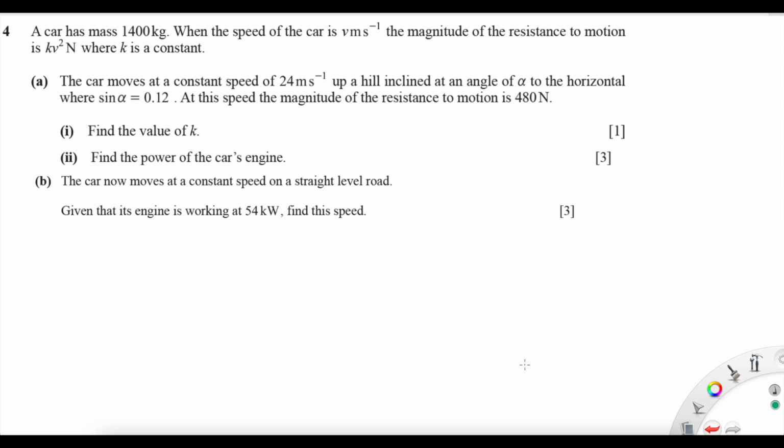At this speed, the magnitude of the resistance to motion is 480 newtons. The first part, find the value of k. The second part, find the power of the car's engine. Part B, the car now moves at a constant speed on a straight level road. Given that its engine is working at 54 kilowatts, find this speed.